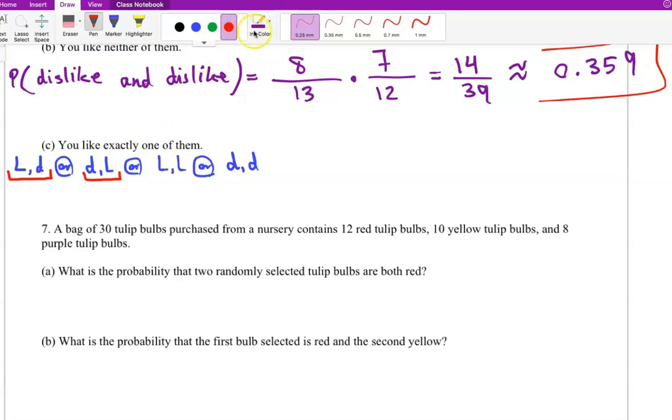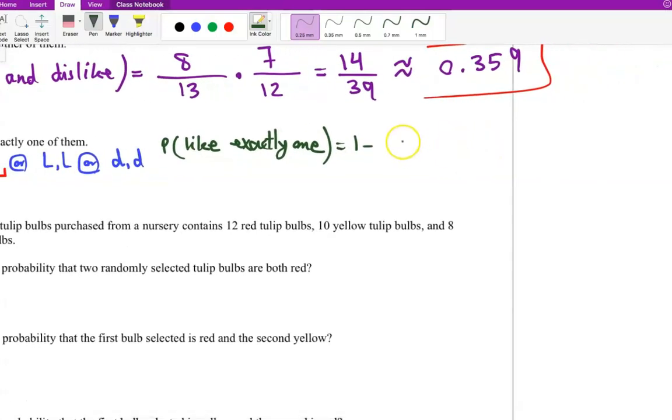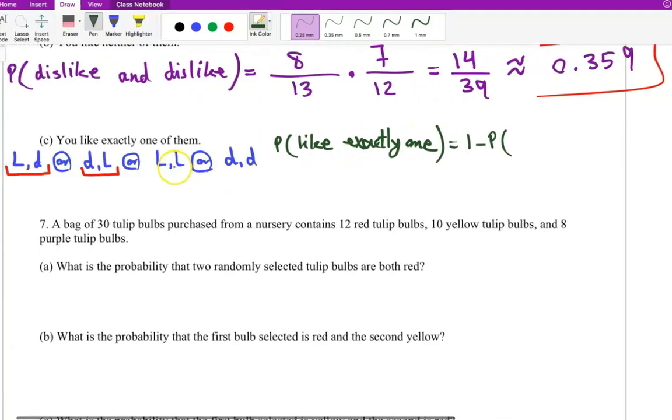So using that, we have probability of liking exactly one. That's equal to 1 minus the probability of the other cases.